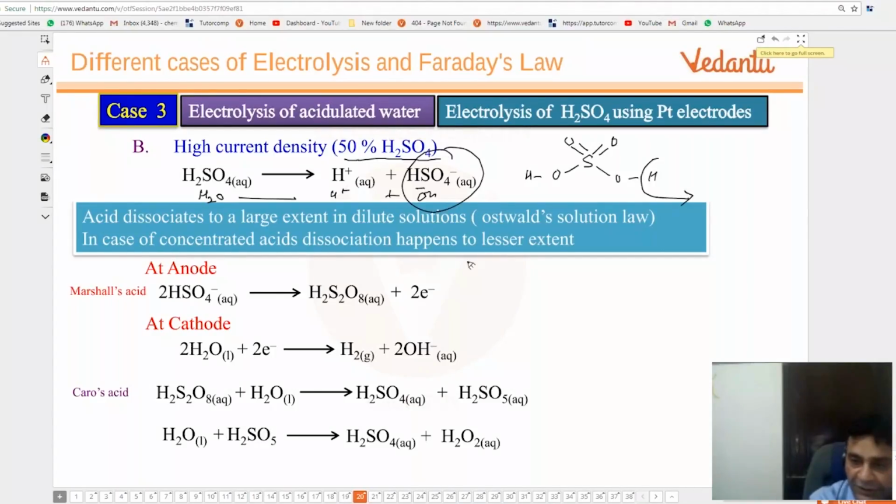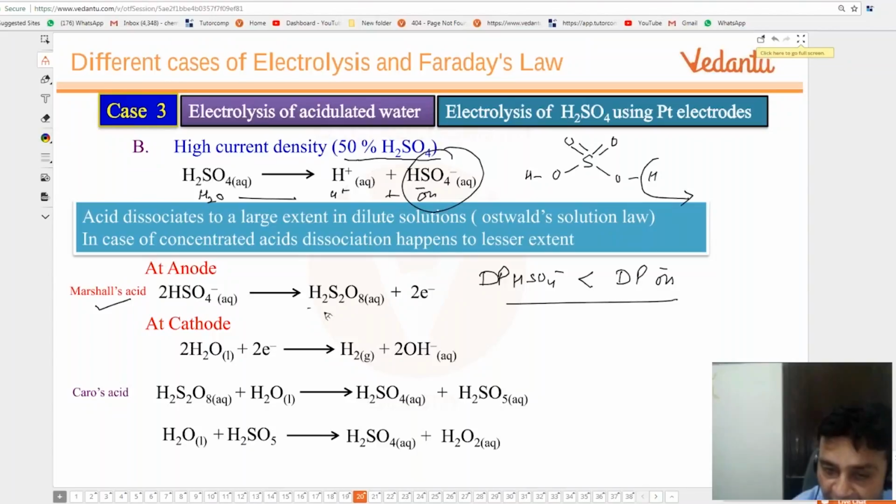That depends upon the discharge theory. We know that the discharge potential of the HSO4 negative ion is less than the discharge potential of the OH negative ion. So OH ion will not be getting discharged. HSO4 will be getting discharged.